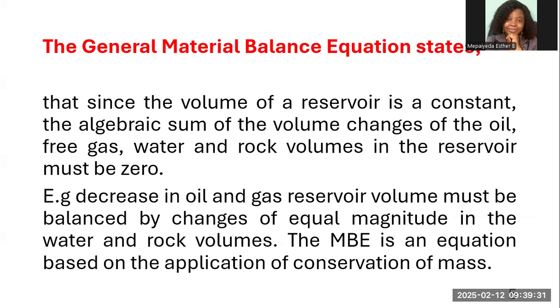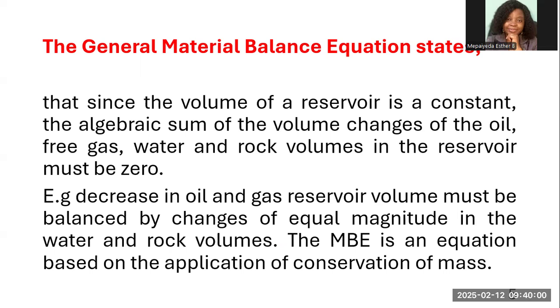Okay, so what does the material balance equation state? It states that since the volume of the reservoir is constant, the algebraic sum of the volume changes of the oil, the free gas, the water, and rock volume in the reservoir must be zero. So what this is saying is that the sum total of the volume changes of the reservoir fluids.